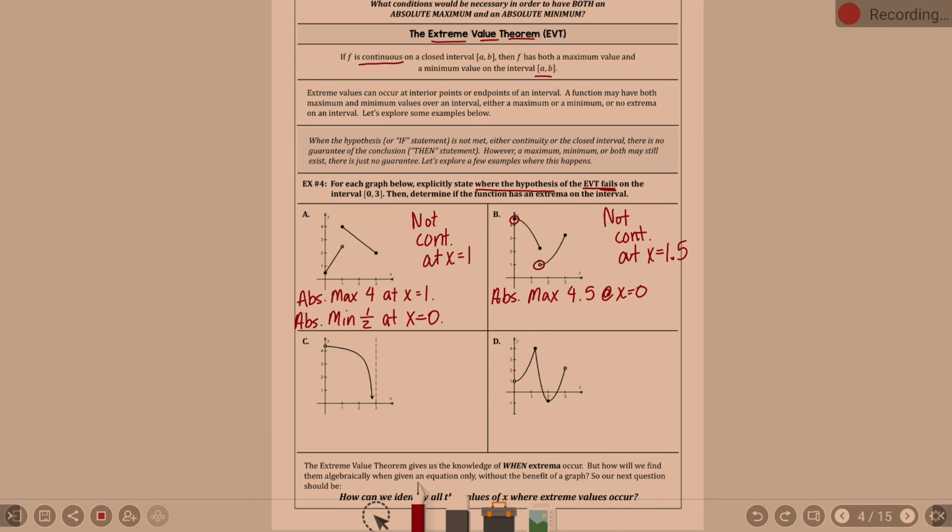That absolute minimum would be like 1.000000001. But we can't even state that because there'd be an infinite amount of zeros in there. So because it is an open hole, there is no absolute min. And that's because of the lovely little hole.